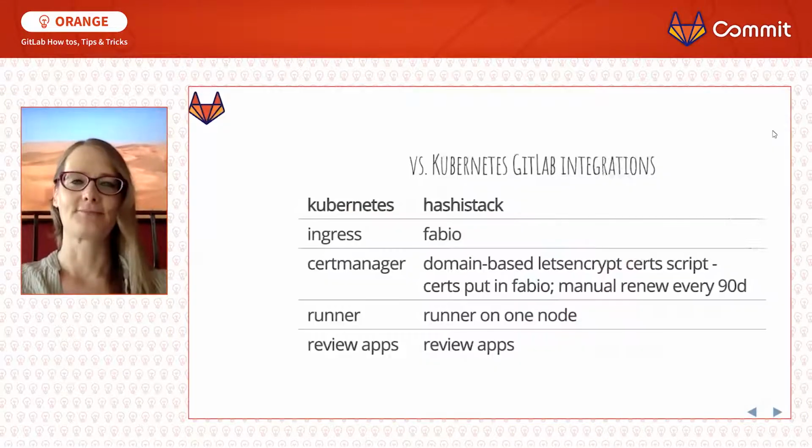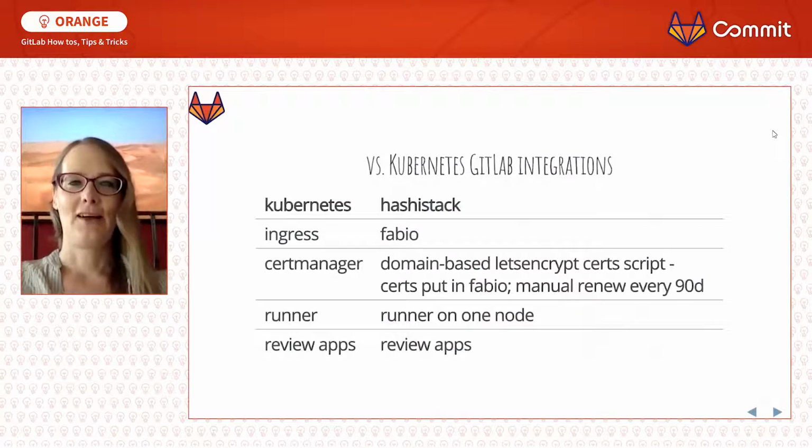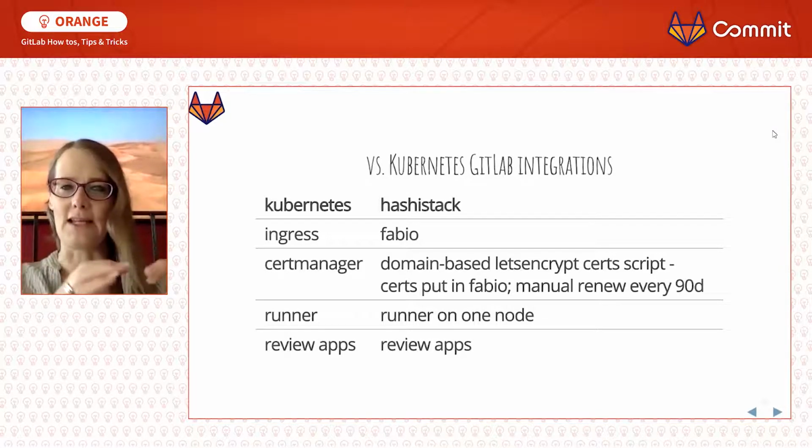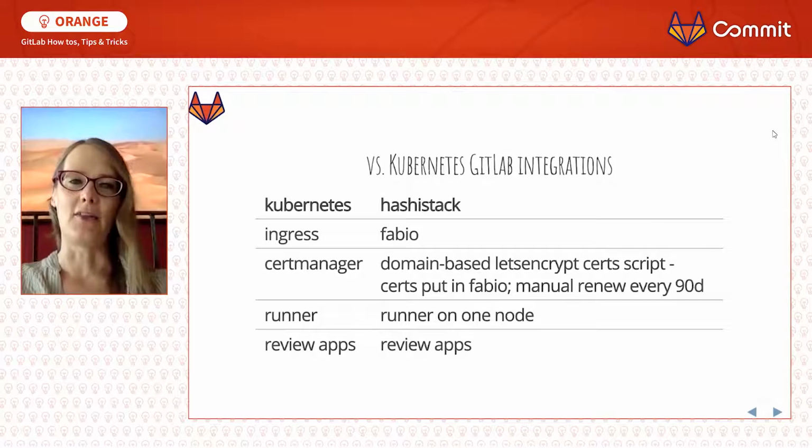Okay, so why are we looking at Nomad, which is part of the Hashi Stack, versus Kubernetes, which is very nicely integrated in with GitLab? So I thought I would discuss some of the applications that you install from the Kubernetes side, which are the GitLab side, which are super easy.